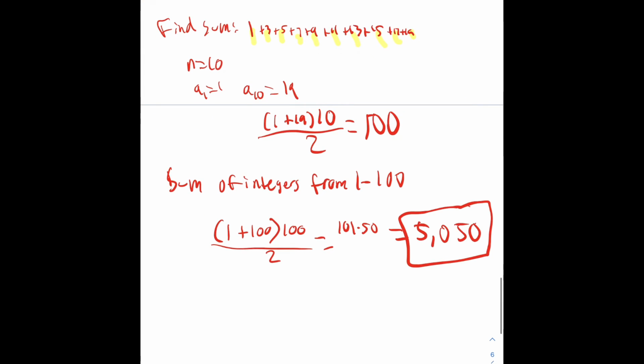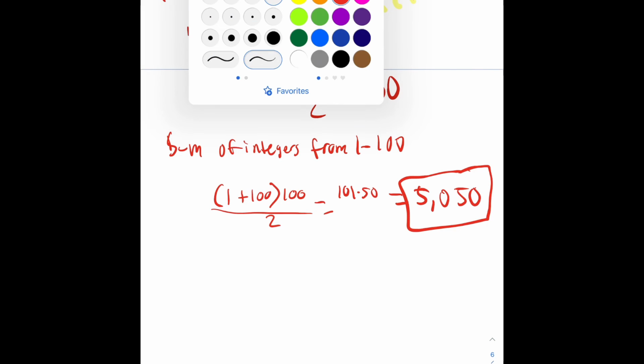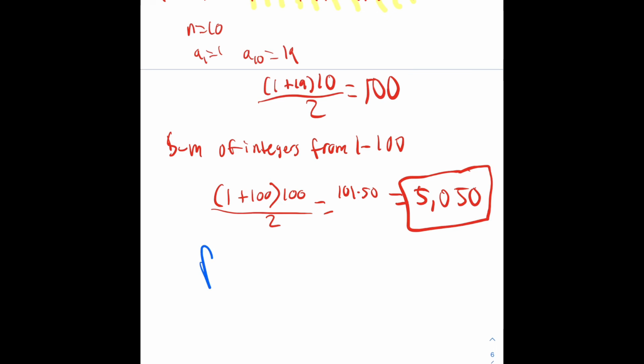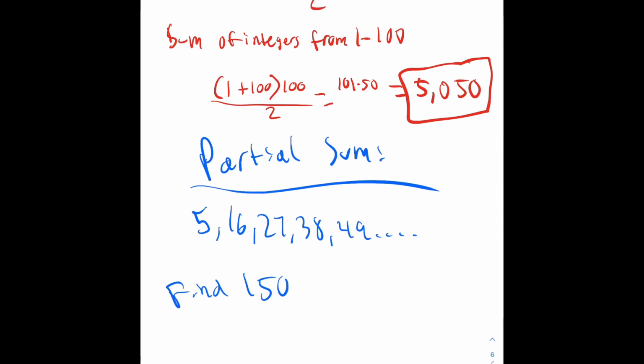You can also find partial sums of an arithmetic sequence. So we'll call this the partial sum. Let's say we had the sequence 5, 16, 27, 38, 49. And I want to find the 150th partial sum.